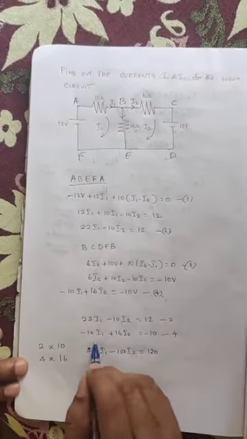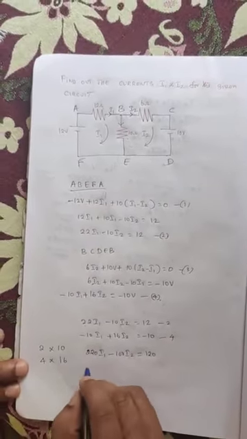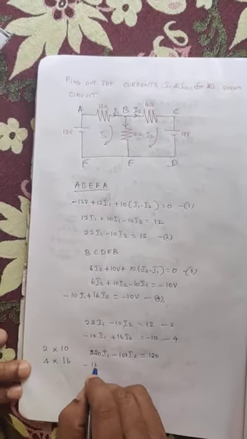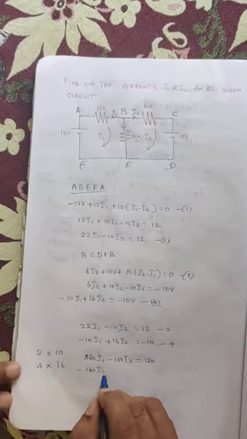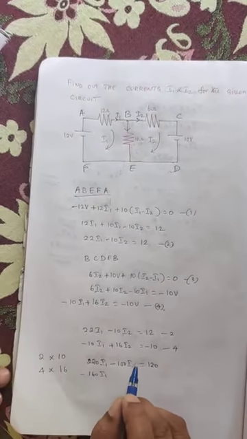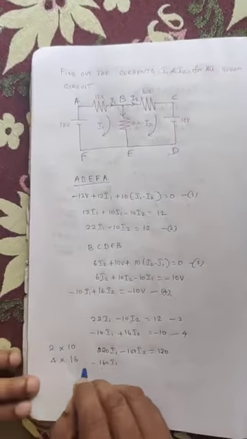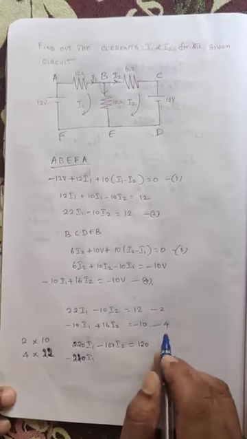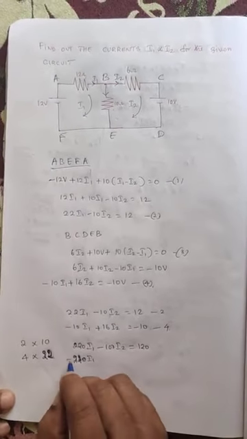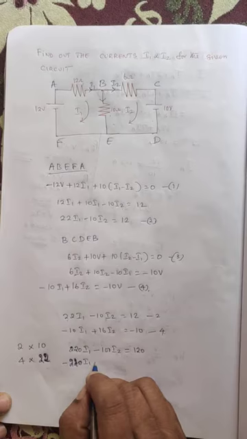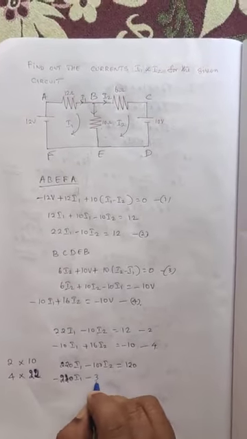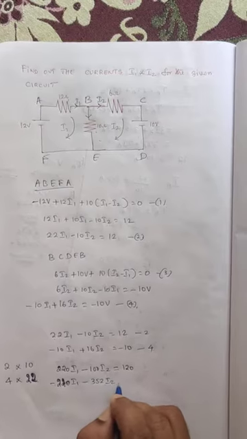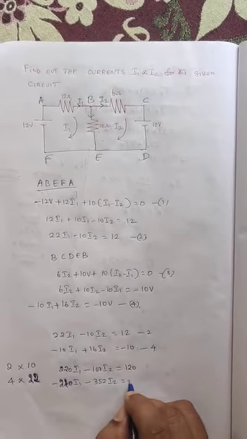Now I am taking equation 4 and multiplying it with 22. We get minus 220 I1 plus 22 into 16, 352 I2, is equal to minus 220.